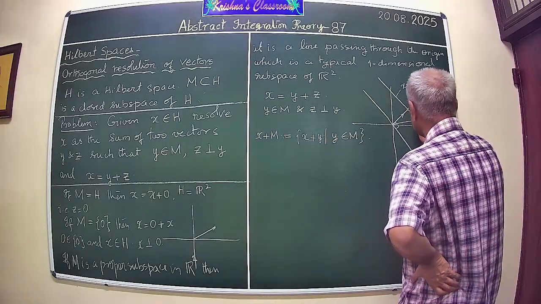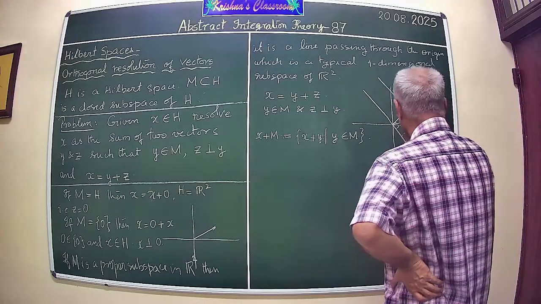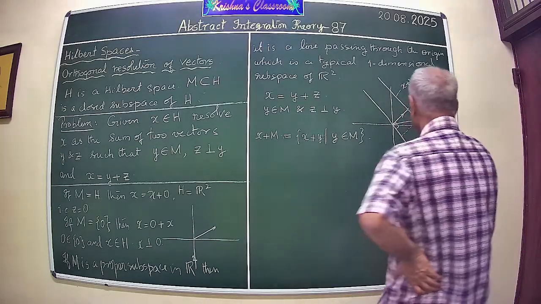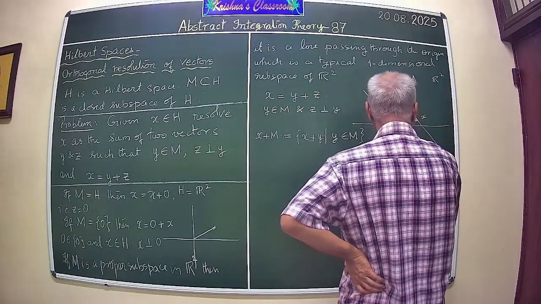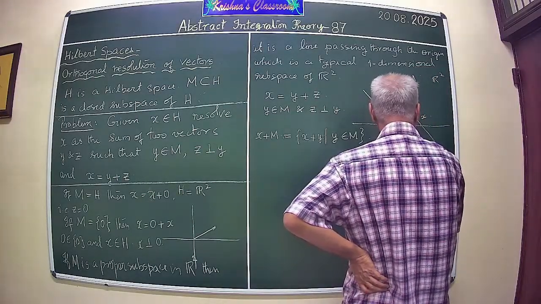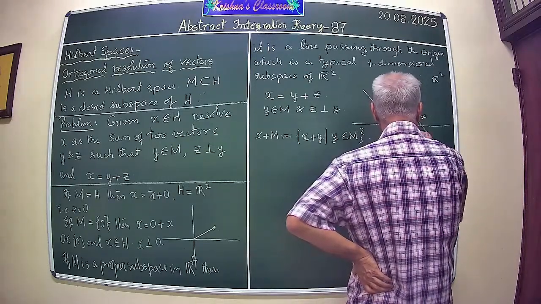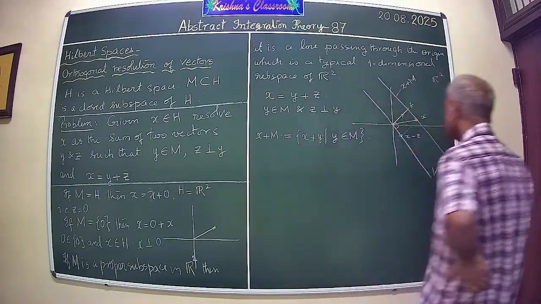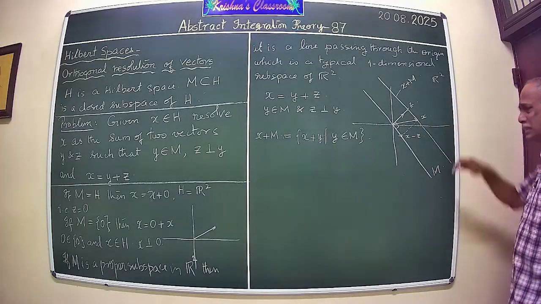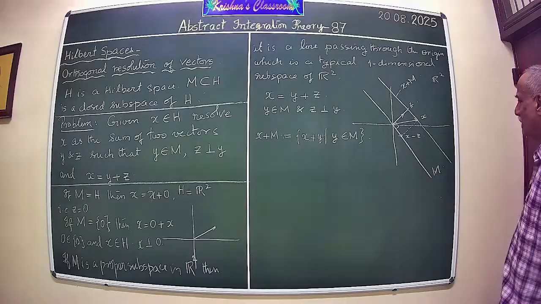Then you take the complement of that, x minus z. We can draw the pictures and get a feeling.